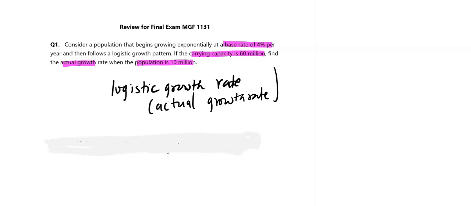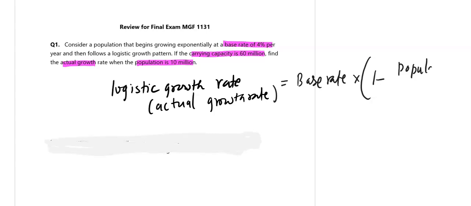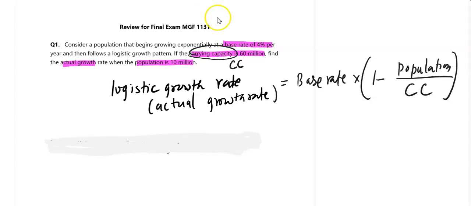I'm going to write the formula: equals base rate times 1 minus population divided by carrying capacity. I can write carrying capacity as CC. Okay, so that's the formula.